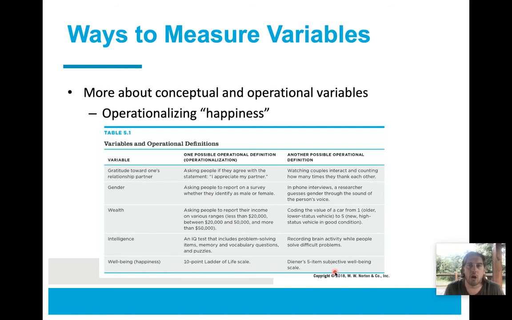So what variables like this and these scales show us is that we have to put a lot of work and effort into creating these things. And if you're going to use one of them, you have to make sure that you make the right choice about which one you're using. And so we're going to talk about that today and some ways that we can start to make those decisions effectively.